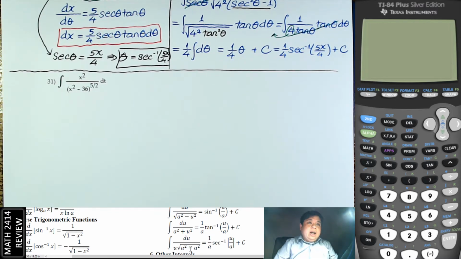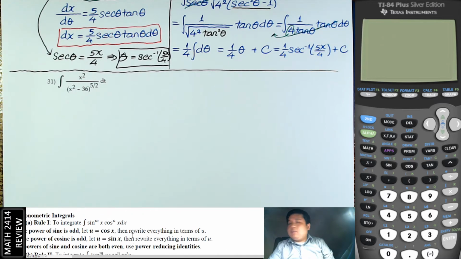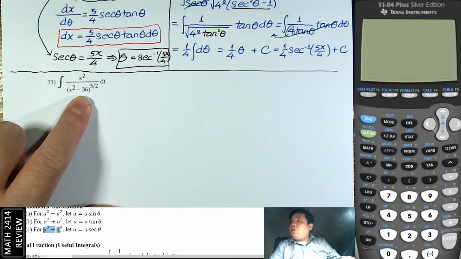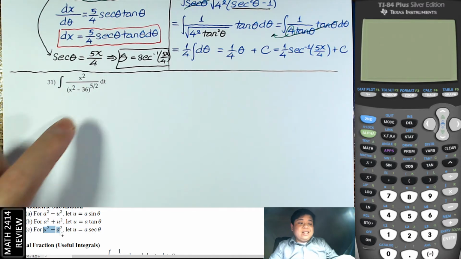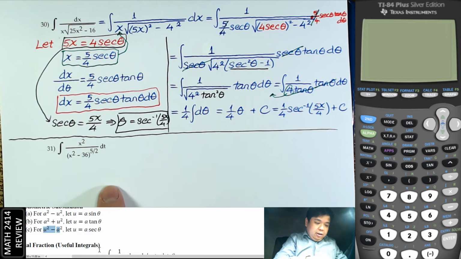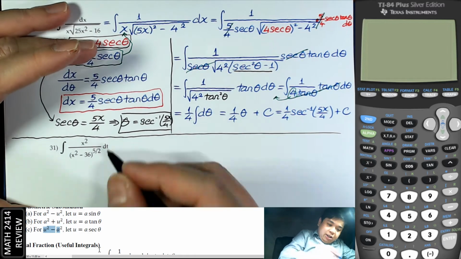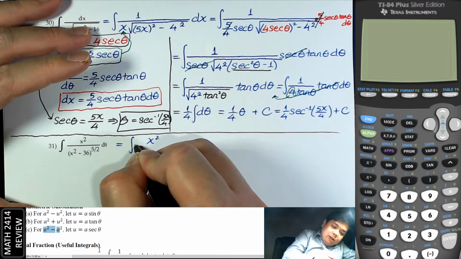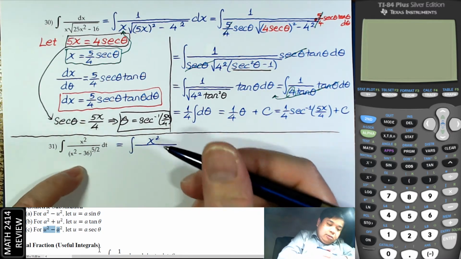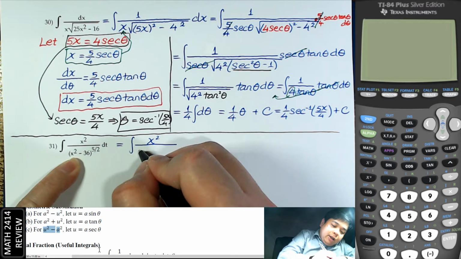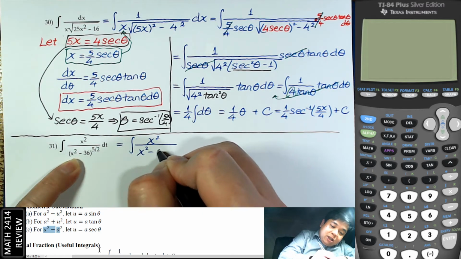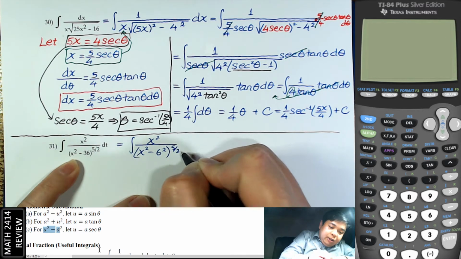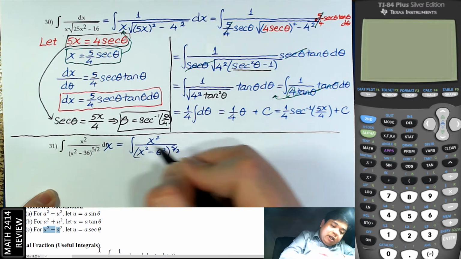Next, this one. Once again, this one is a variable squared minus a constant squared. So that is secant. Right, let's rewrite this as x squared minus 6 squared to the 5/2. Sorry, this will be dx.